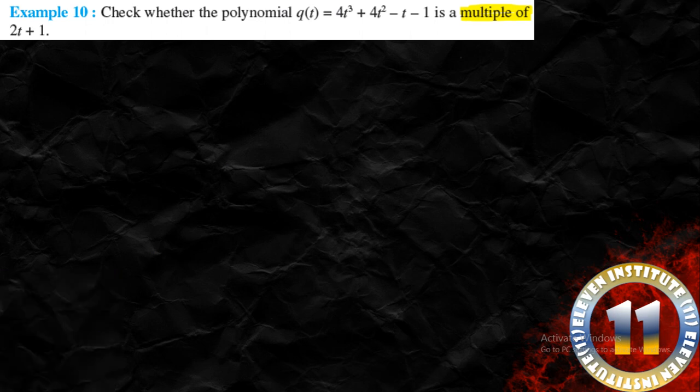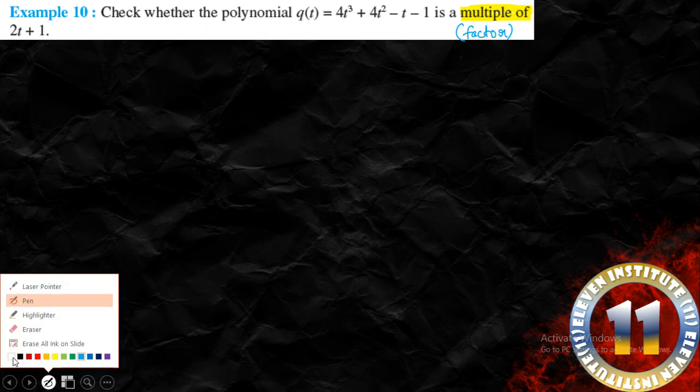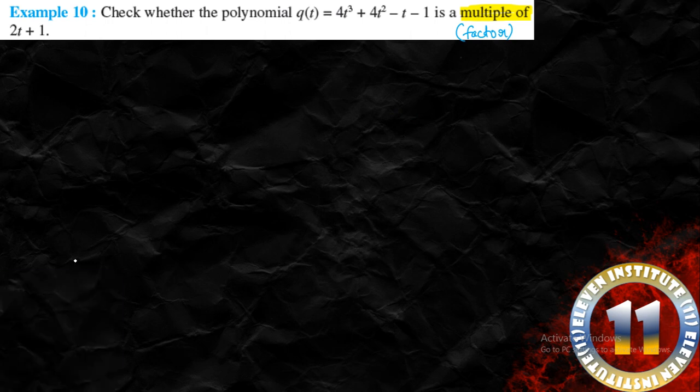So they are indirectly telling us to check whether this polynomial is a factor of this polynomial or not. What is the best way to check? Just find the remainder. If the remainder is 0, then this is a factor of this. If the remainder is not 0, then this is not a factor of this.